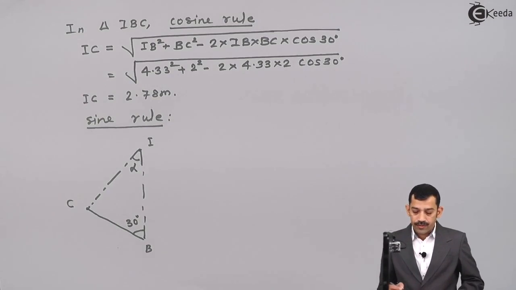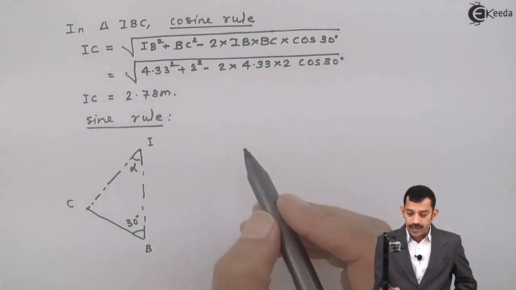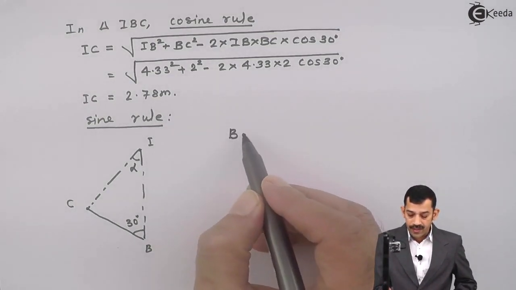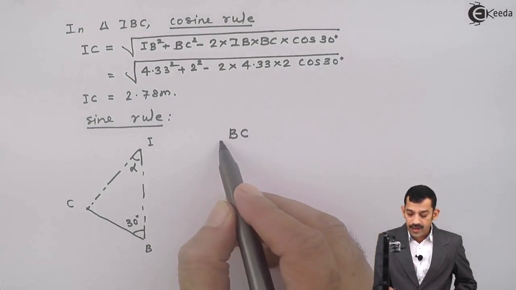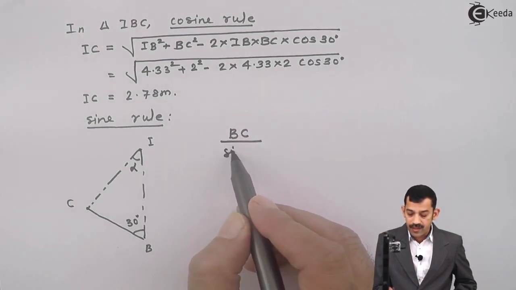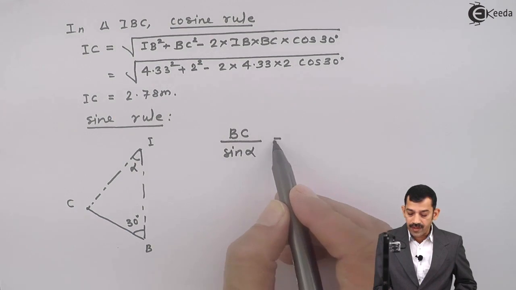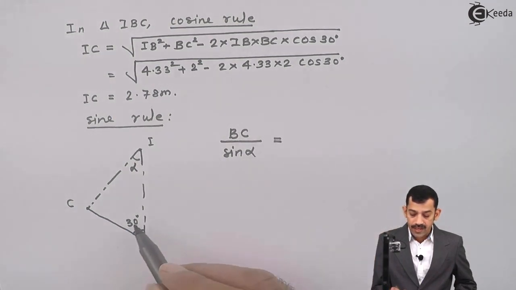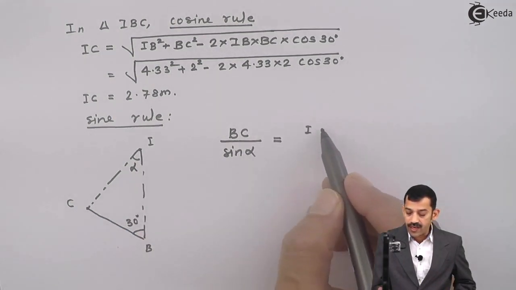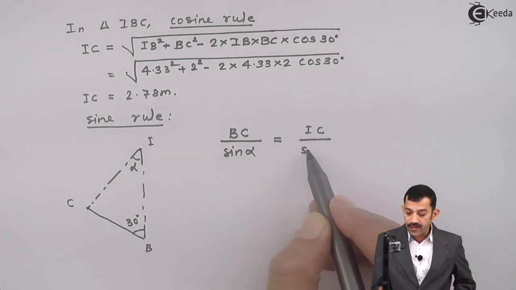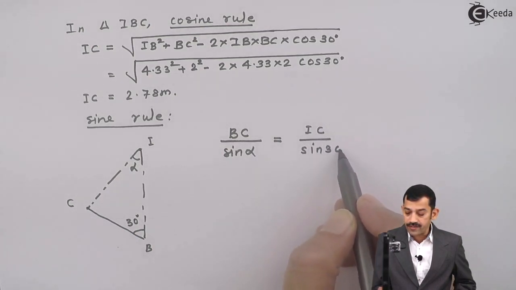Now using sine rule, length BC upon sine of opposite angle alpha equal to IC upon sine of angle 30.